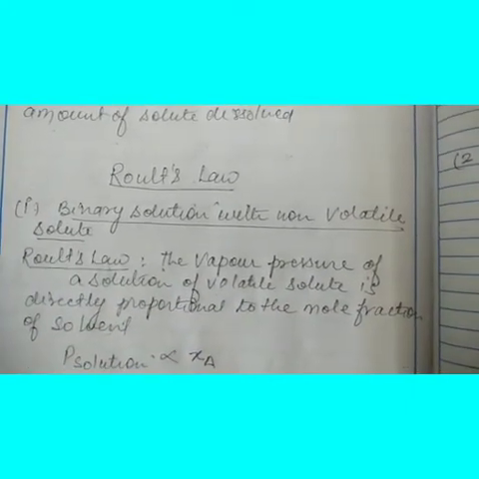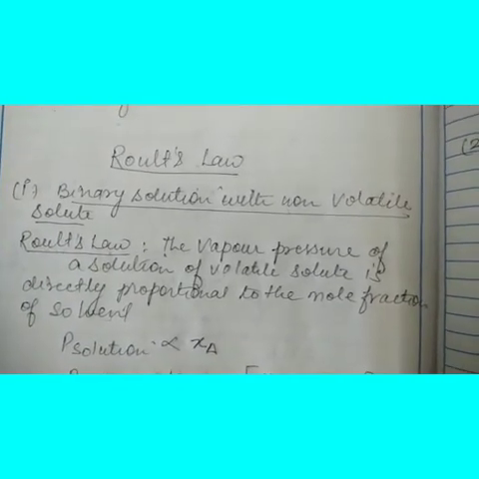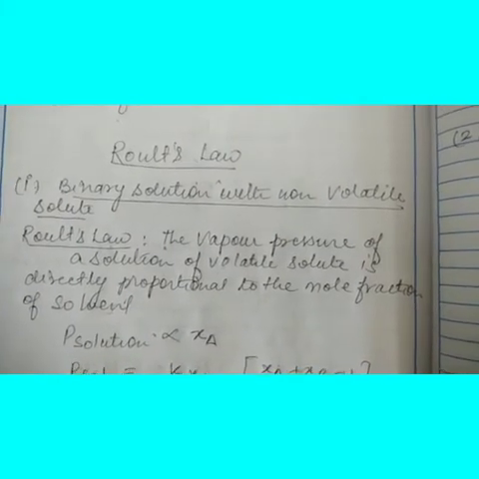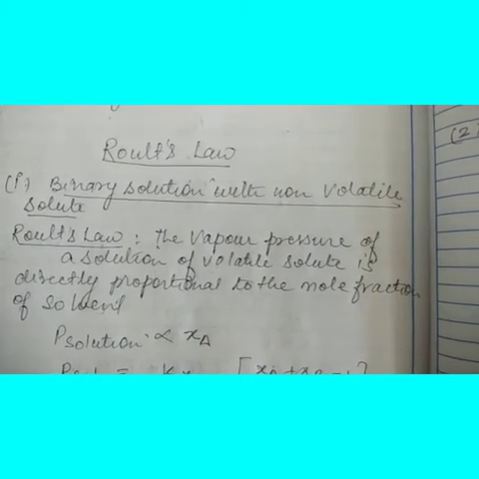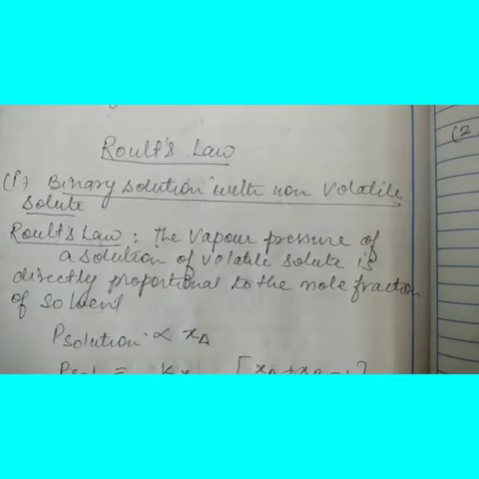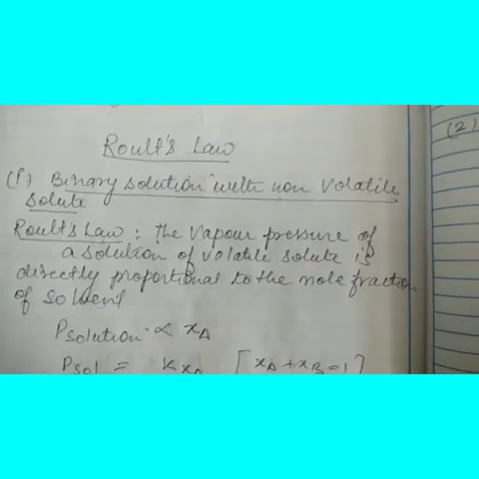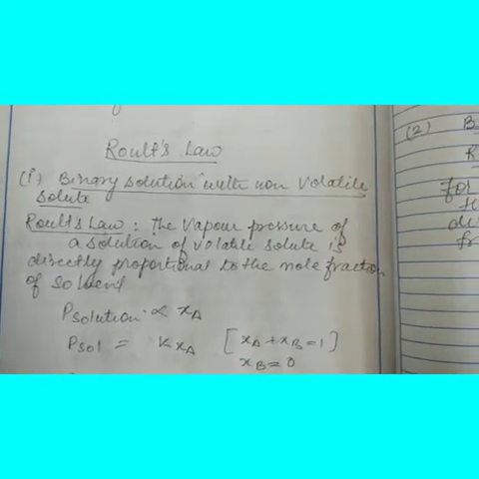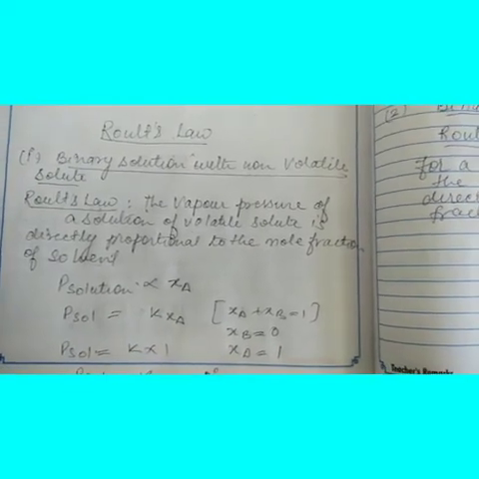The first point of Raoult's law is a binary solution with a non-volatile solute. Raoult's law states that the vapor pressure of a solution with a non-volatile solute is directly proportional to the mole fraction of the solvent. Always remember that the mole fraction of solvent is represented by XA and of solute by XB.